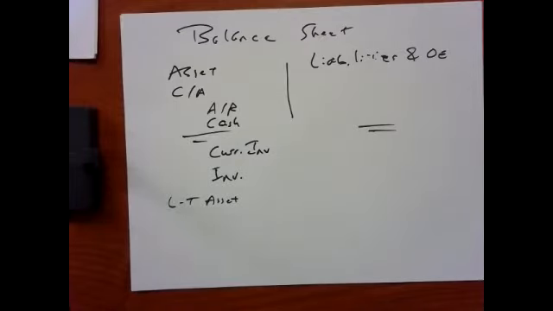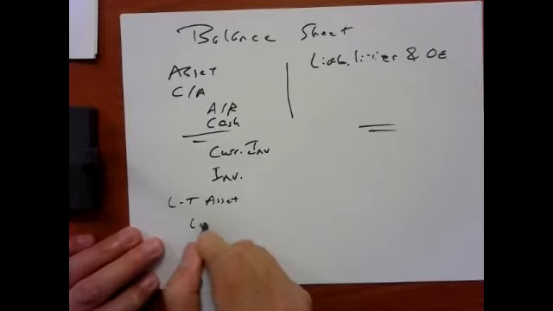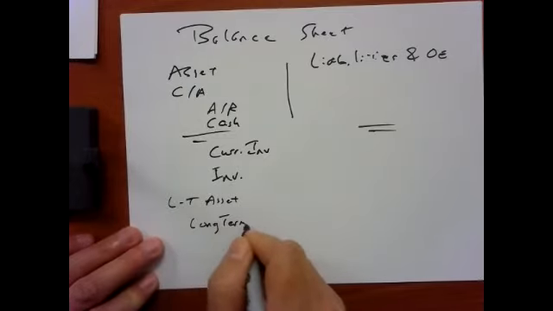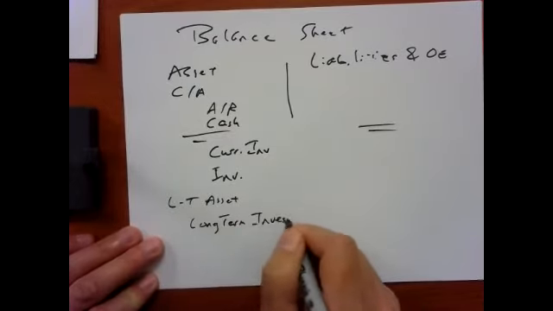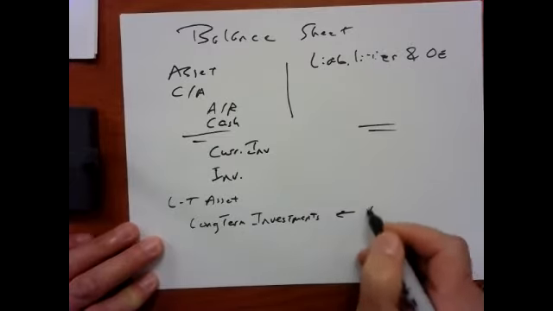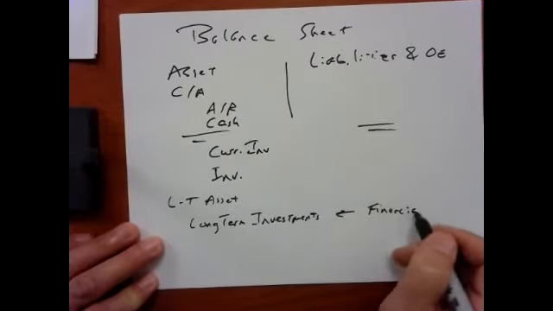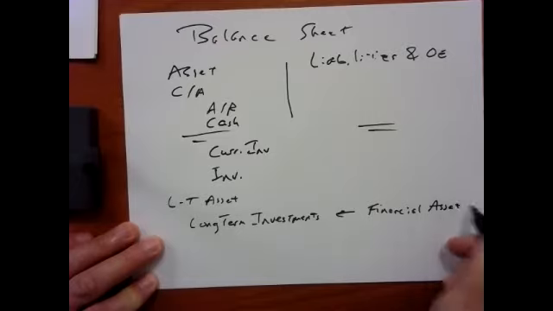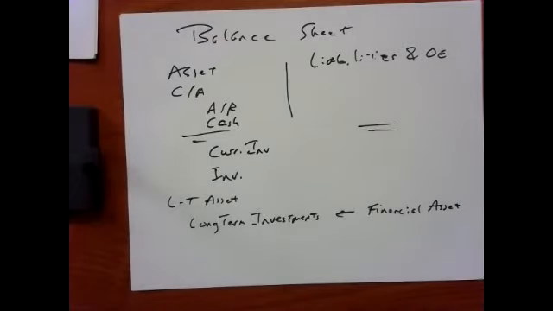Financial assets, such as long-term investments, right? So this is an example of a financial asset. And this would be things like the hospital owns a portfolio of stocks and bonds and other kinds of investments, maybe they own some property that they are not holding with the intention of building a hospital on it.